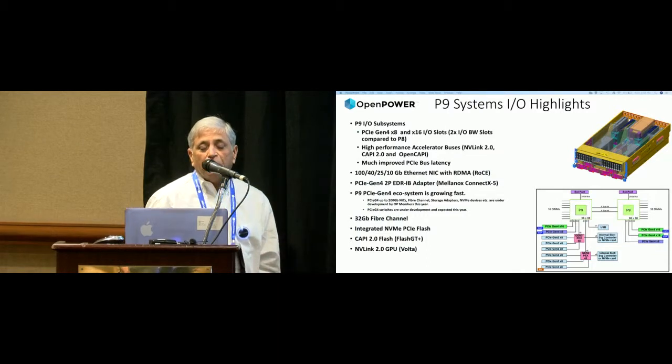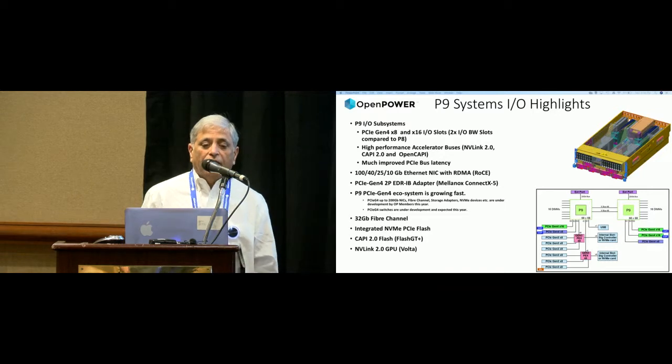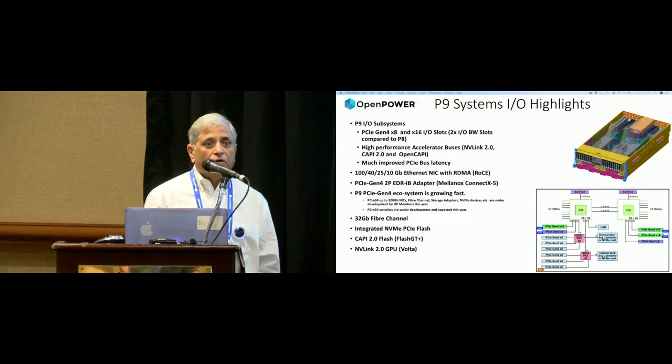So I'll just review for you the Power 9 I/O. This is a typical system; I picked the IBM machine type 9006, code name ZZ system. It has two Power 9 processors, and you can see a number of PCI Gen 4 slots, and these are real PCI Gen 4 slots.